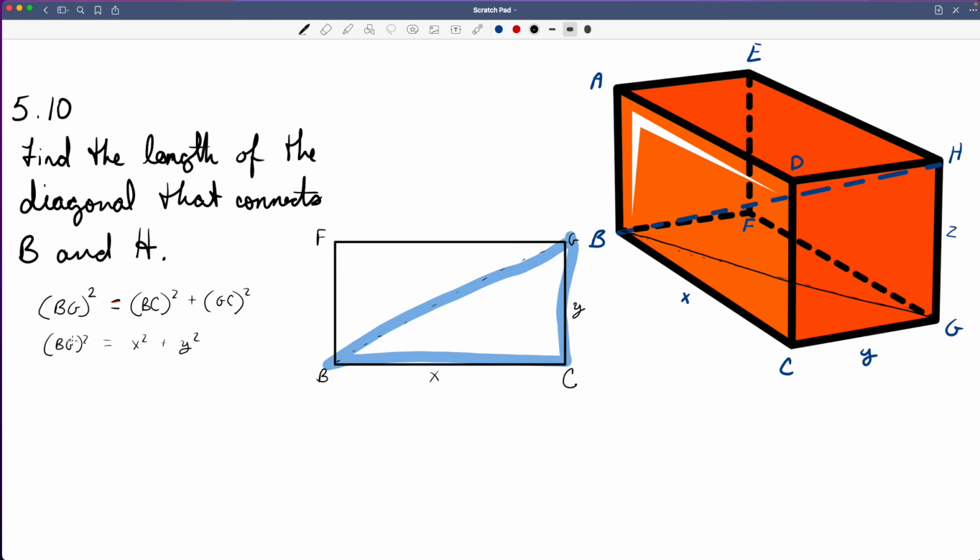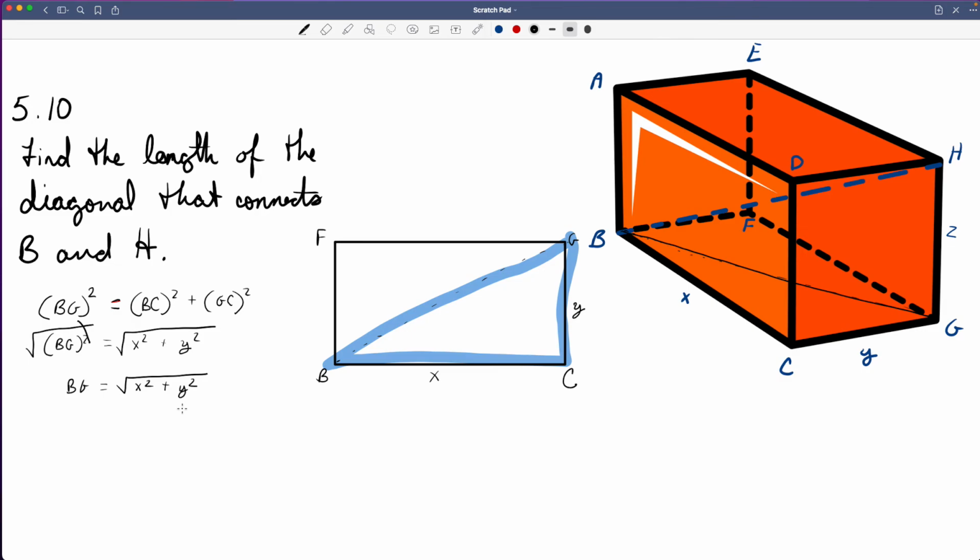And so now we are going to unsquare everything, right? This cancels. So the length of BG is going to be equal to the square root of X squared plus Y squared, because we can't unsquare those, because it's an operation, not factors.